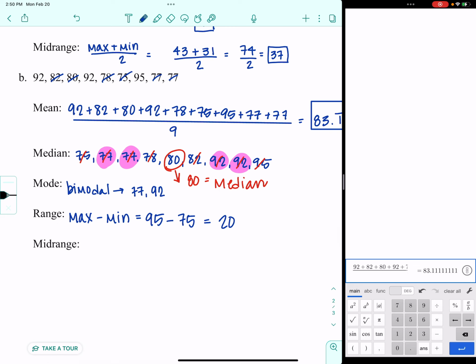The mid-range was the maximum plus the minimum divided by 2. So I need 95 plus 75 divided by 2.